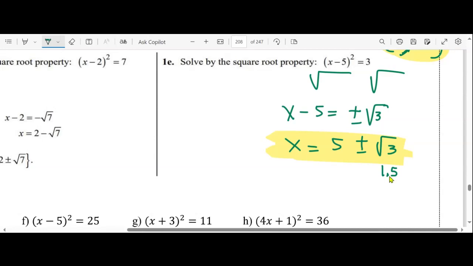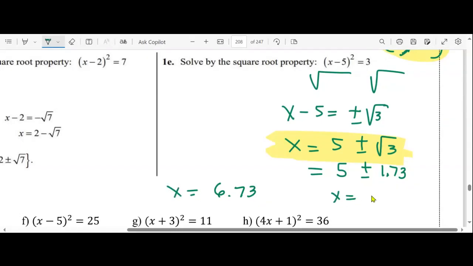1.5? Huh? How much? How much is square root of 3? 1.7. 1.732. So you have two solutions, right? If you add them, the first solution is going to be 6.73, and the second solution is what?